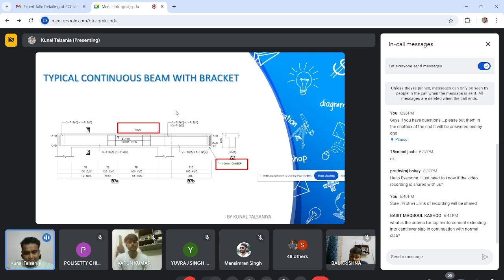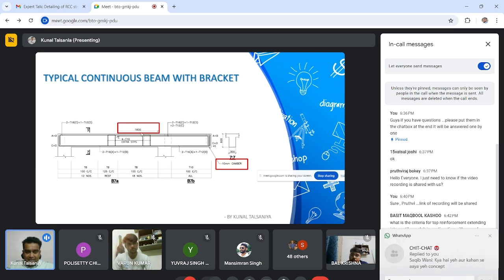Okay, so this is the actual detailing of one of the projects in which, see, this length is 1800, and as per code, L has to be provided as back anchorage, so the top reinforcement is extended up to 1.8 meter. Also, you can go beyond 1.5 L into 1.8.